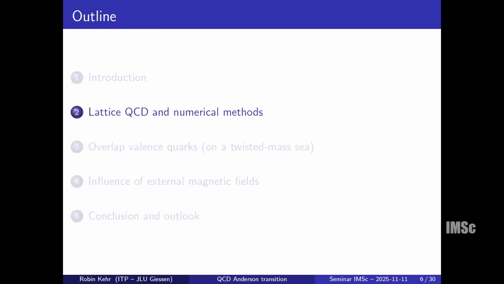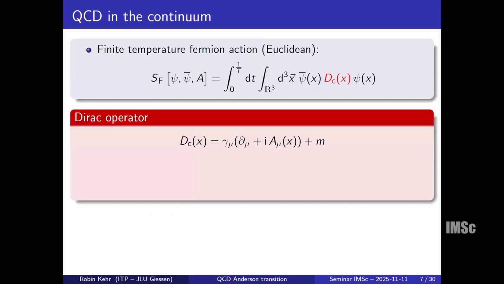And this brings me now to the lattice part, where I briefly introduce the overlap operator, which we're going to evaluate, and also introduce the ingredients we need for this study with magnetic fields. So in the continuum at finite temperature, so we're in Euclidean space-time, the fermion action is given like this, where the inverse temperature is given by the time extent.